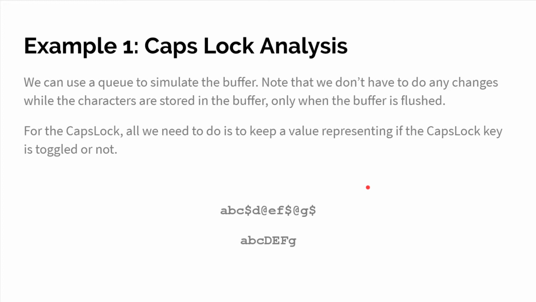Therefore, when we flush the buffer, we just turn everything to uppercase. And similarly, when the caps lock key is off, then we know that all the letters in the buffer are going to be lowercase and we don't do any changes to them. So we just store a value representing whether the caps lock key is toggled or not, and then we can do our flush operation based on that. Now, on to the live coding.